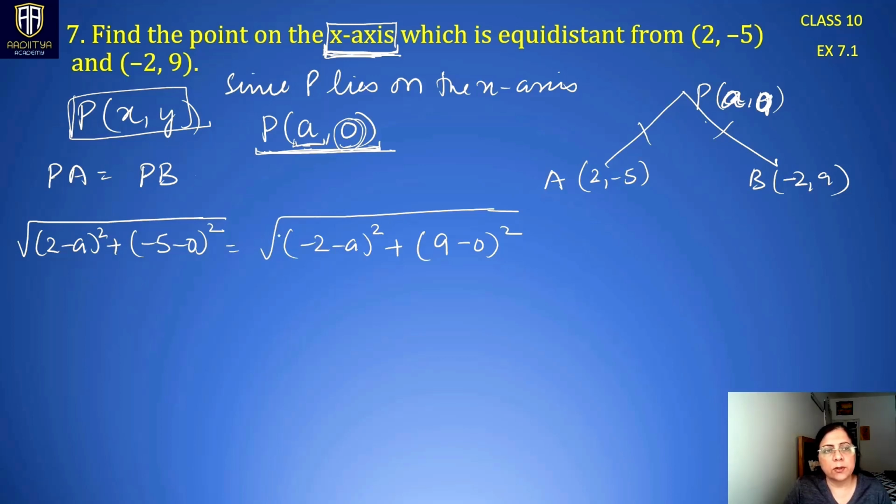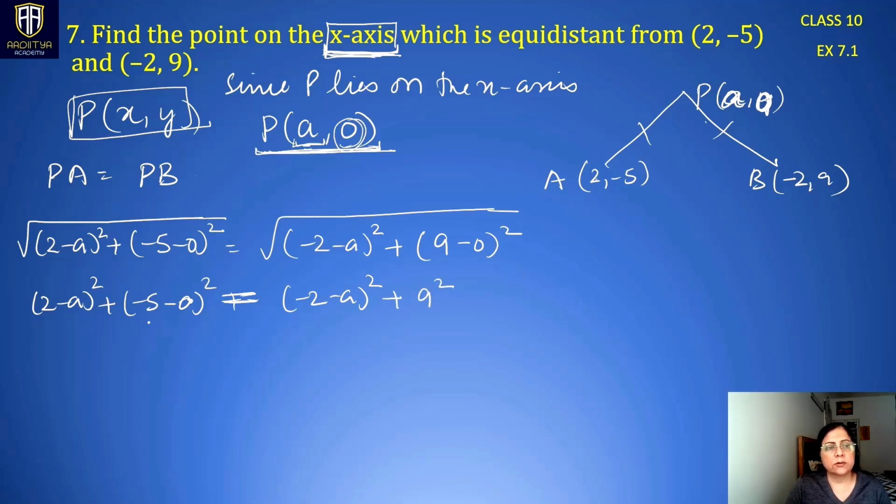Now after putting these values, since we have the square root on both sides, we can reduce it. 2 minus a whole square plus minus 5 minus 0 whole square is equal to minus 2 minus a whole square added to 9 square.